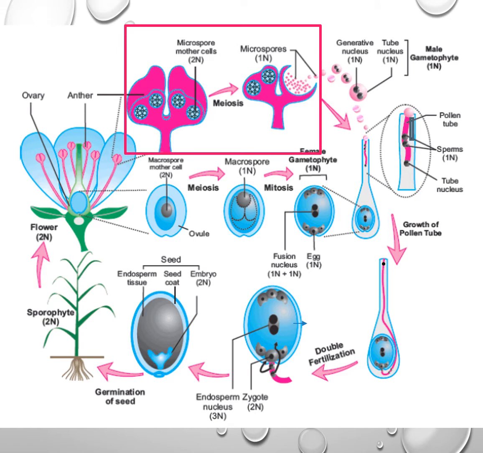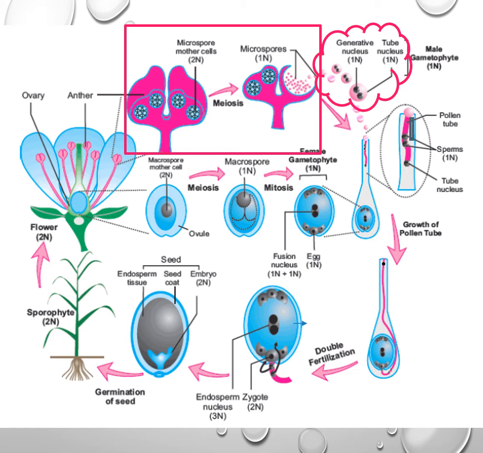The region in the pink box is the male gametophyte, which is also known as microspore. The microspore mother cells, as indicated in the circles, are diploid at this time. They undergo meiosis and are converted to haploid microspores.